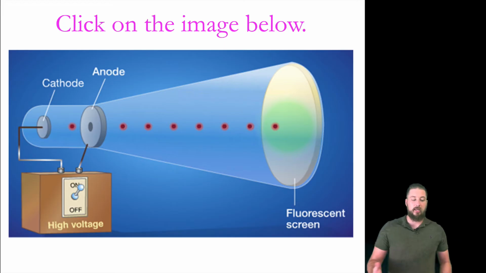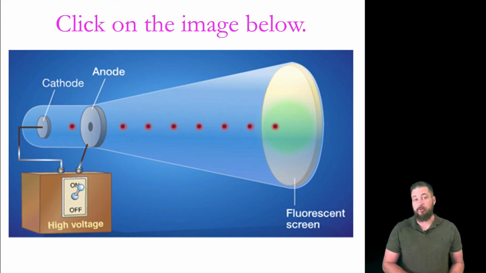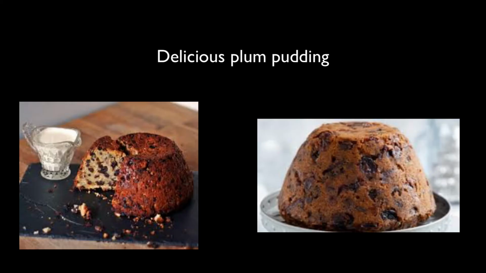This is what his cathode ray tube looks like, and he was able to discover that there's a negative component to atoms. He came up with this theory, this model called the plum pudding model.